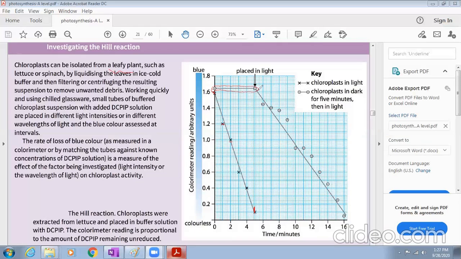No reduction of DCPIP happened. It means the chloroplast needs light. When we switch the light on again, the DCPIP starts to become colorless again, meaning the reduction of DCPIP starts once again. Am I clear?